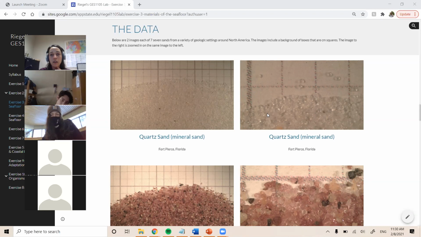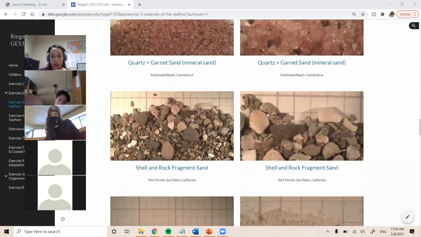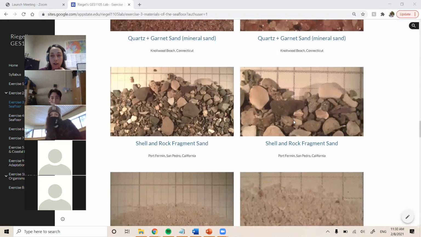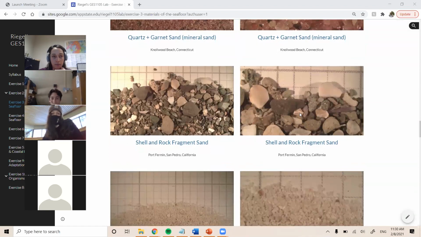Very far. Yeah, absolutely. What about this shell and rock fragment from California? They probably have not traveled as far. Yes, absolutely. Good. Awesome.